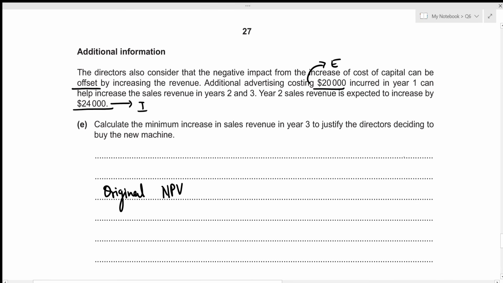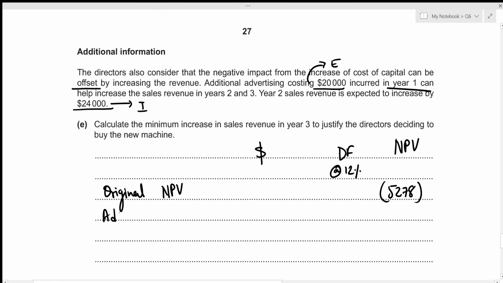That's negative 5,278. Okay, and we also need to incorporate the discounting factor at 12%. Let's first list down our increased values. So that is original net present value, and we know that there is an additional advertising costing 20,000 incurred in year 1. So that's an increased value for year 1, right?